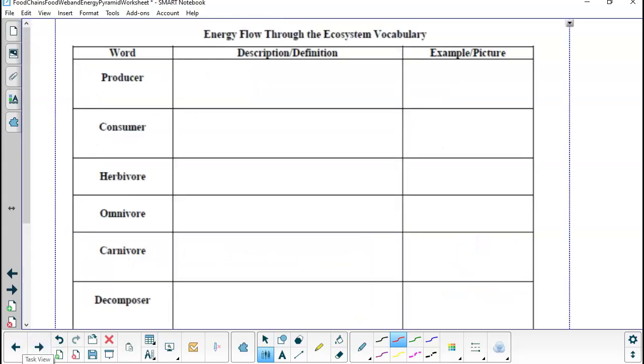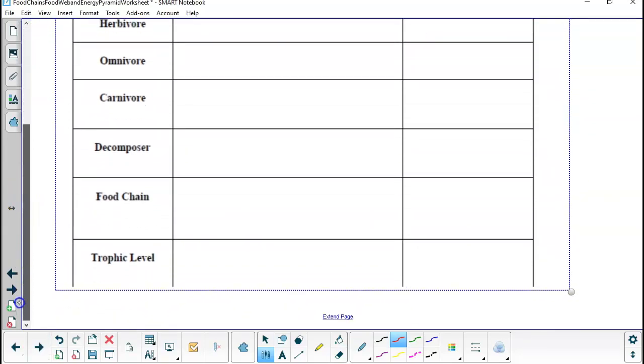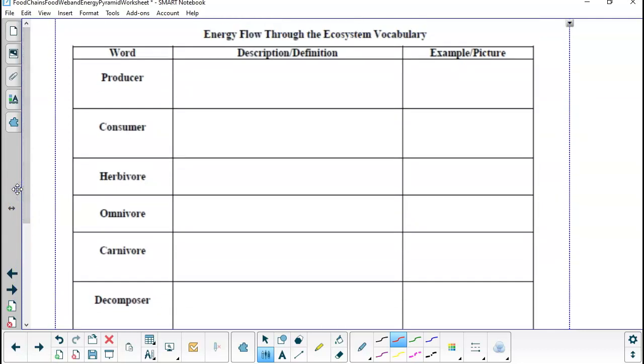And the last page is some vocab words. So after you've gone through this, a lot of these words you see in the worksheet, but not all of them. So you may have to find a textbook or go to Google. But I'll do just one or two here to show you how this should look. So a producer, we said, is like a plant.